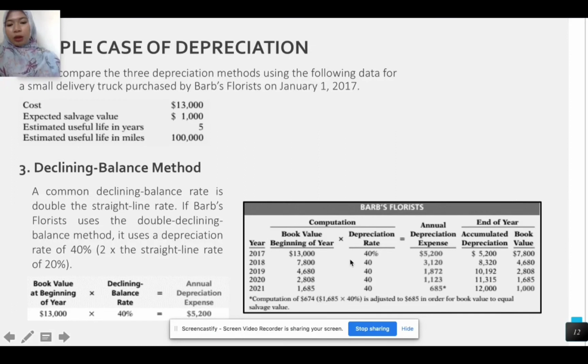Then we can calculate annual depreciation expense for the second year from this: 7,800 multiplied by 40%.